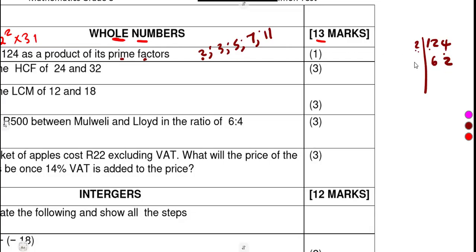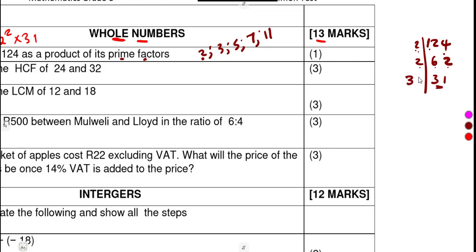Again, we can see that 2 can work. You can divide by 2. 62 divided by 2, that's 6 divided by 2, which is 3. 2 divided by 2, that's a 1. So as we can see, guys, we do not have any number that we can use because 31 is a prime number also. We do not have factors here.